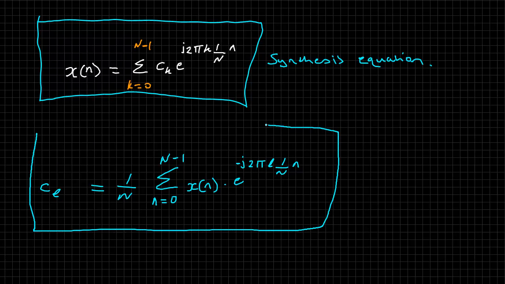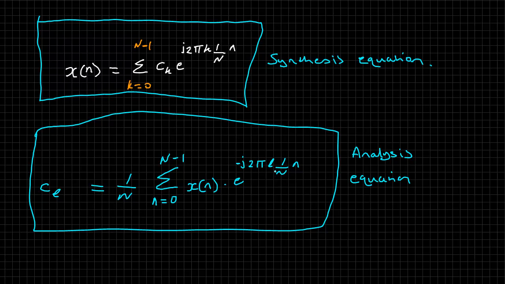So if we know the discrete signal, we can calculate the weights. And this is known as the analysis equation. So we are there. We need to replace L with K. But we have derived the key equations.